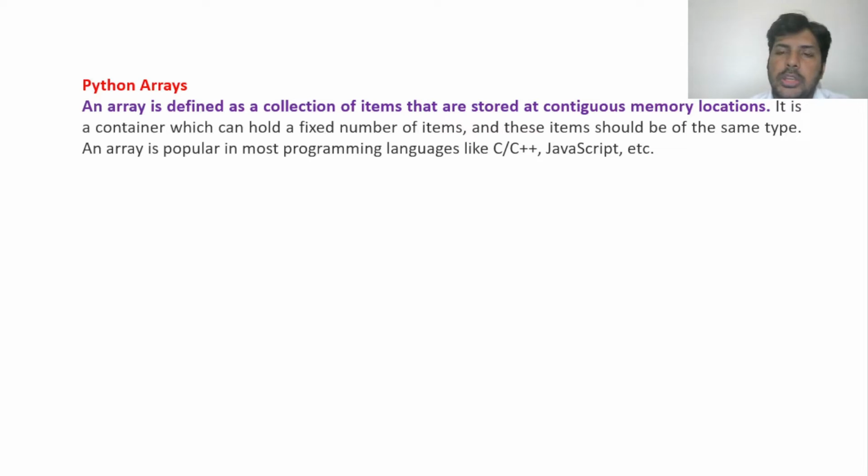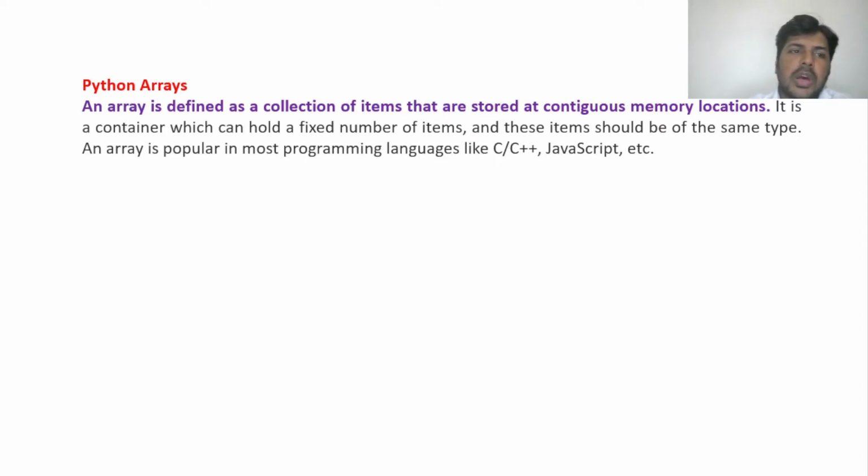It is a container which can hold a fixed number of items, and these items should be of the same type. If you want to create an integer array, all the items should be integers. If you want to create an array which contains float items, all the items should be float, and in between you cannot insert different data types. So we say it is a collection of the same data type.